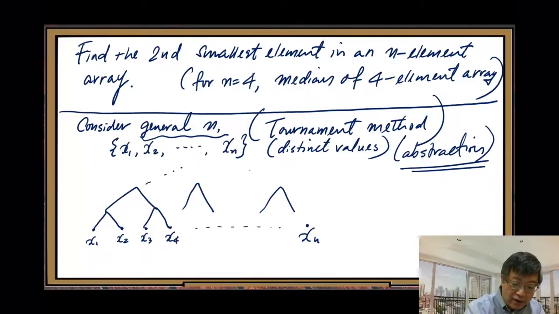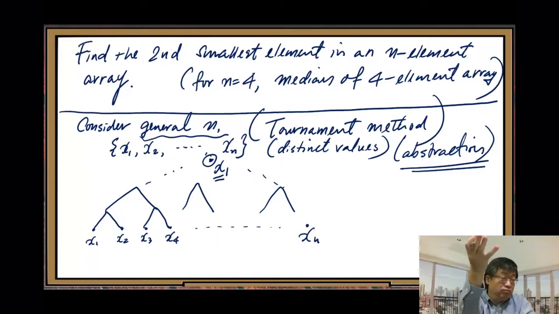But in order to have a convenient discussion, I may like to put x1 as the final winner. How about that? Any player can be the final winner, but here just for the discussion purpose, I put x1 as the final winner.